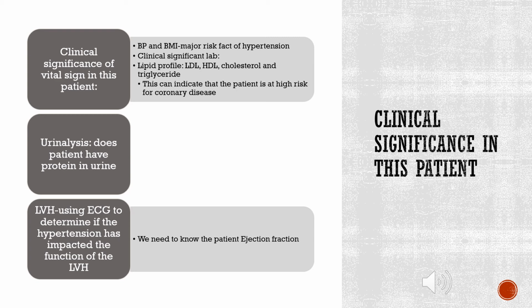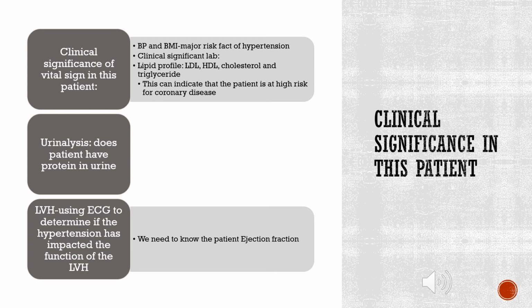Lisinopril is an ACE inhibitor. It's an antihypertensive agent. It costs $70 for 30 tabs as opposed to $1,000. Some of the adverse reactions would be hyperkalemia, increased BUN and creatinine, cough, headache, and hypotension.